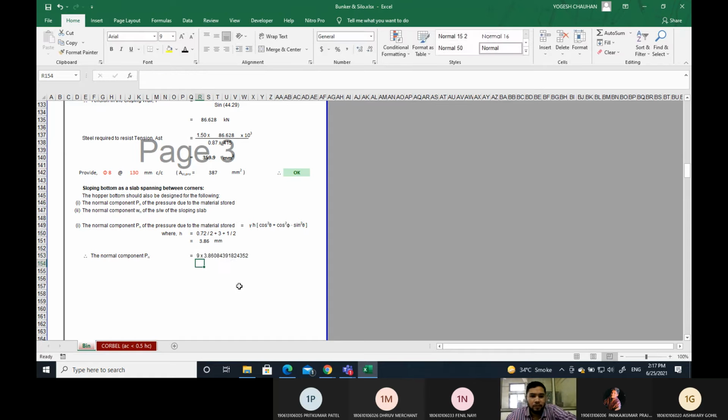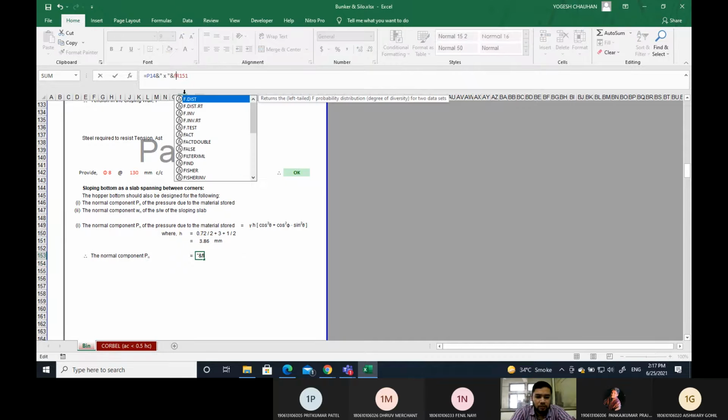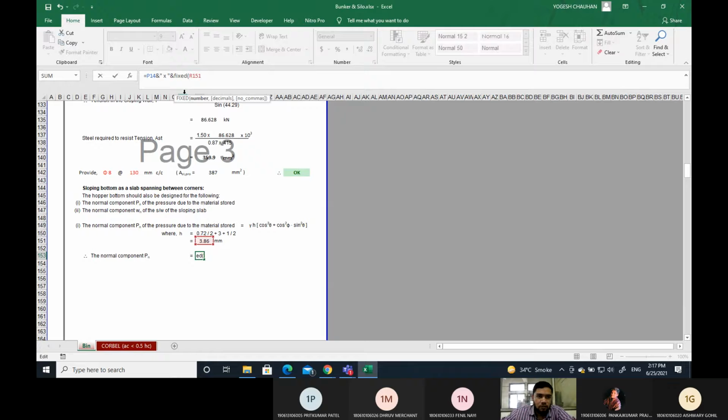If I enter this, it will go on with so many decimals, so just fix this. Now you can see it is 9 into 3.600.